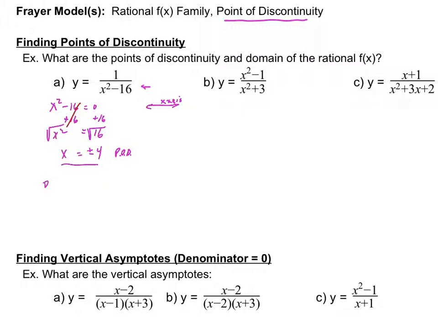So our domain is going to be equal to all values of x where x is from negative infinity to negative 4, and then from negative 4 to 4, and then we have a break there at 4 for discontinuity, and then it's going to continue on from 4 to positive infinity.